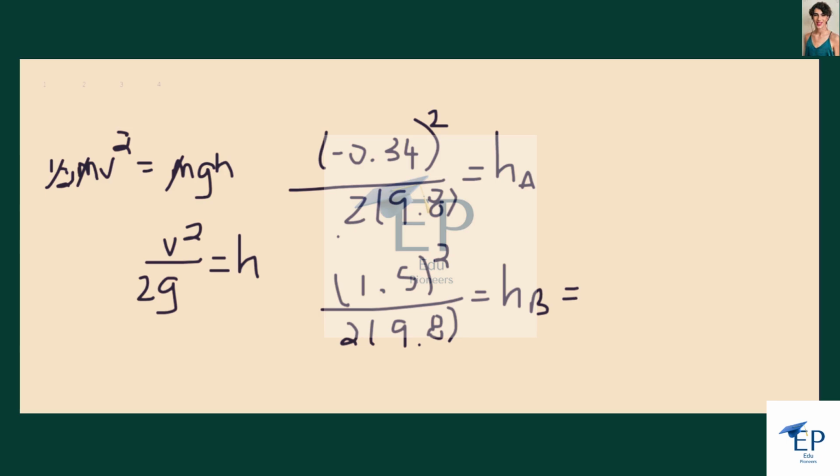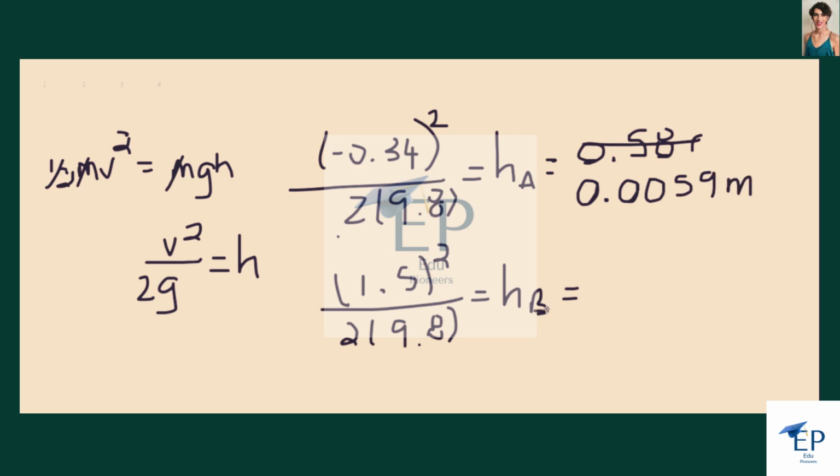So the height of A ends up giving us 0.58 centimeters or 0.0059 meters.